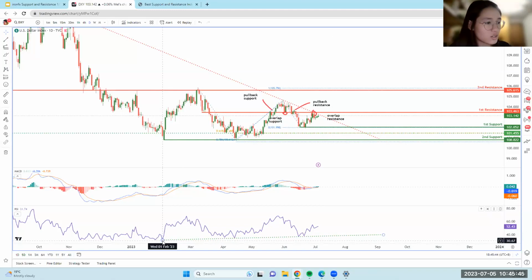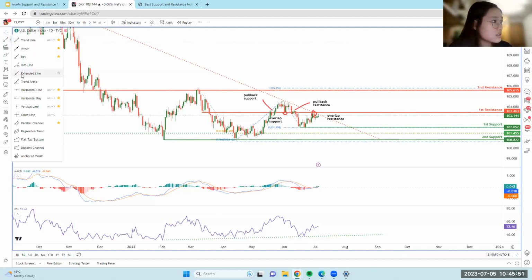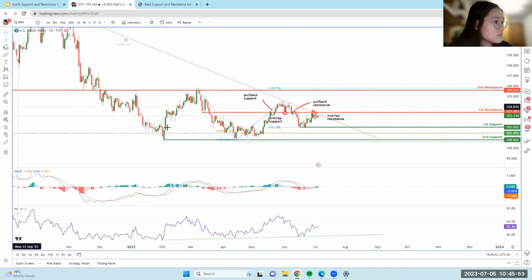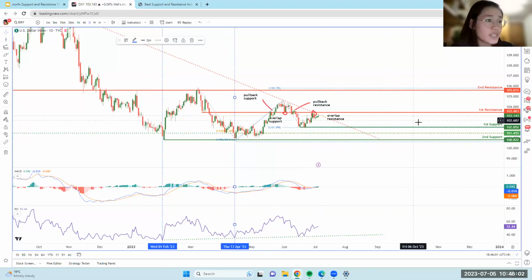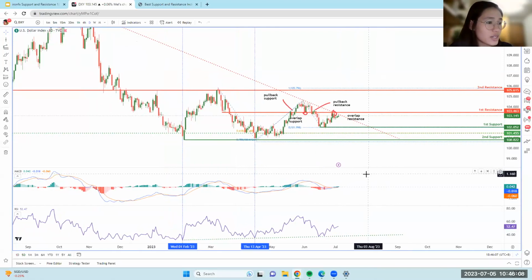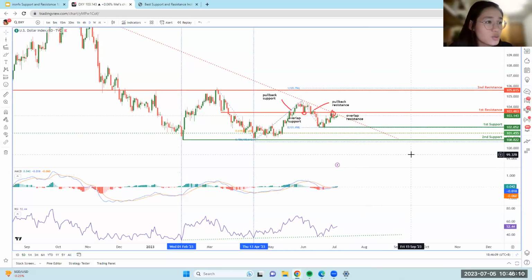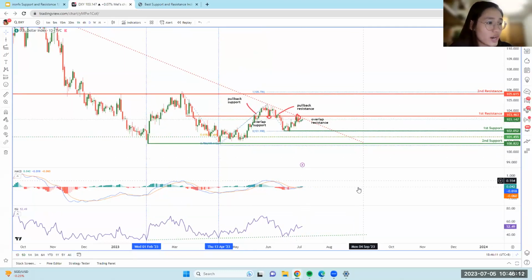You can see it's definitely not horizontal. Okay, even though from here to here, we've identified that this is a support level. Okay, so we call this a bullish divergence. So we can expect price to continue to rise.